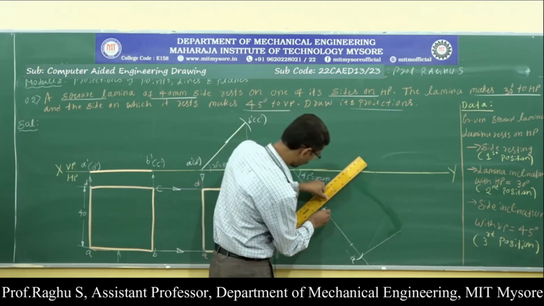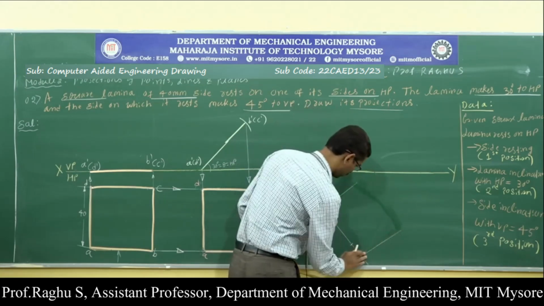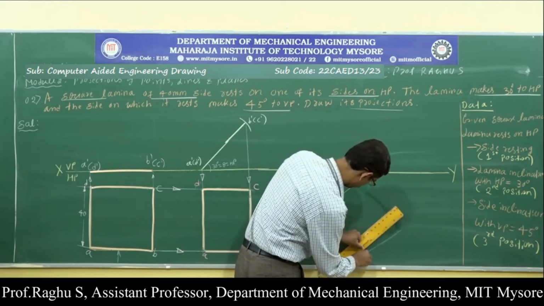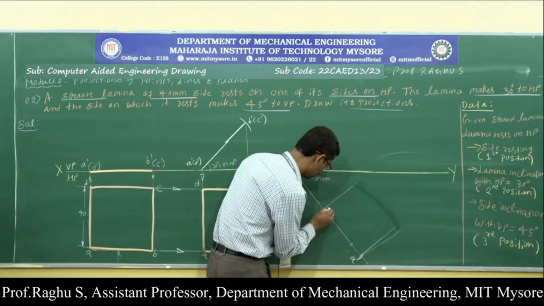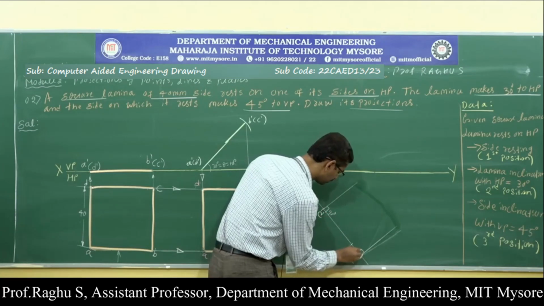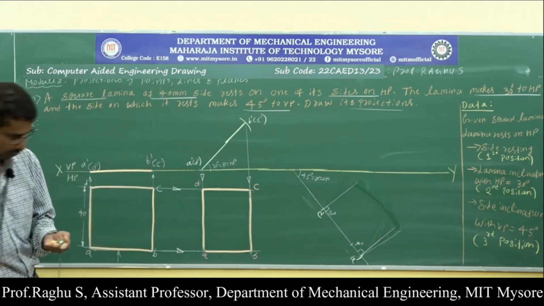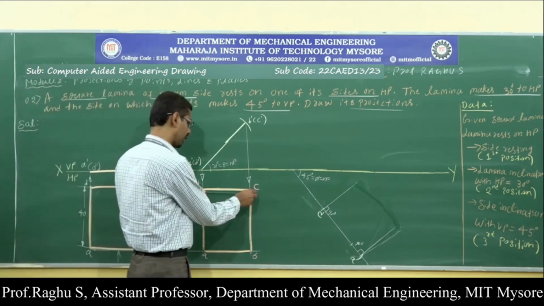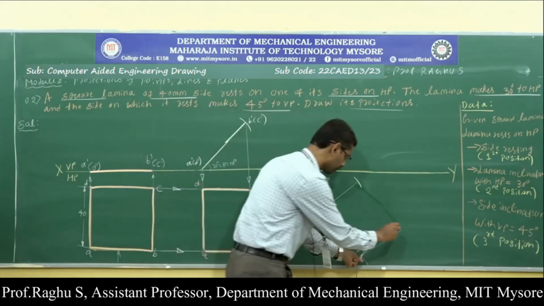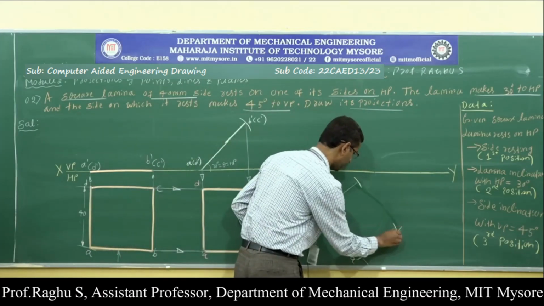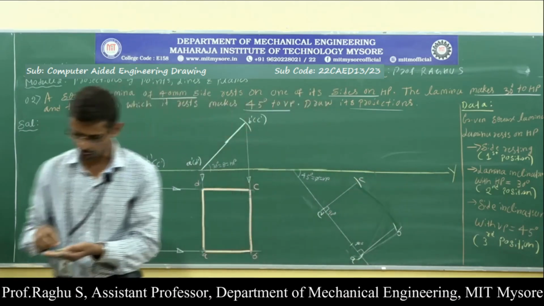Draw the 90 degree lines. Next, measure the distance from D to C, cut an arc. Measure the distance from A to B. So this is point B and this is point C. Now connect all the points.